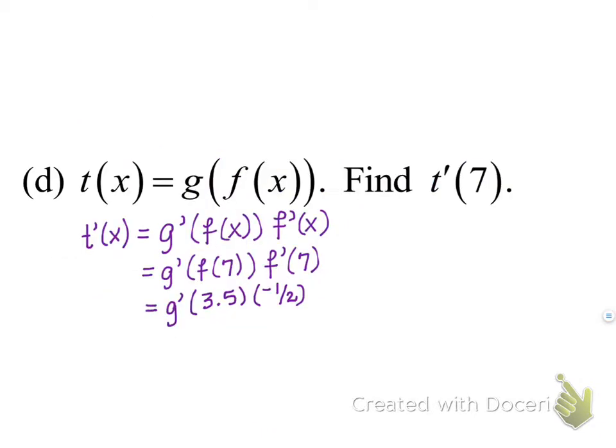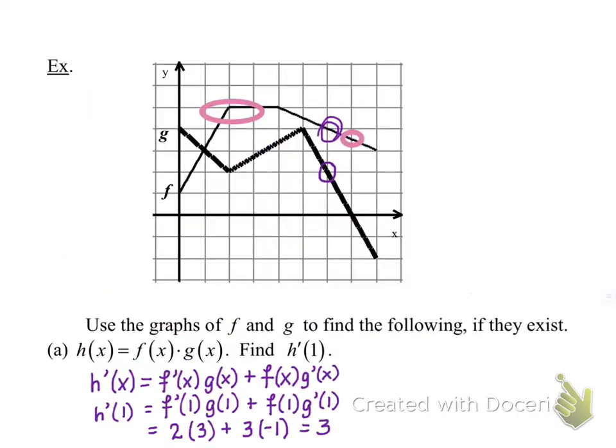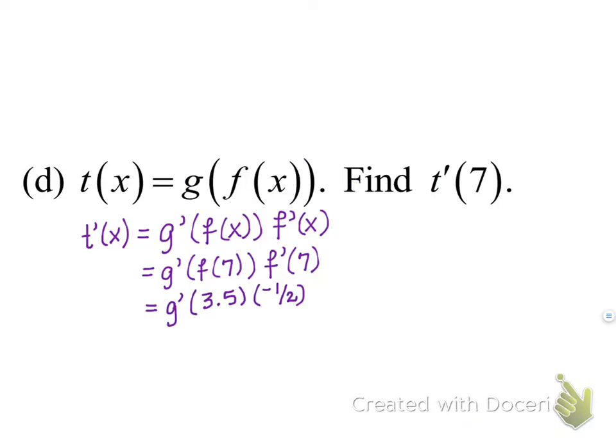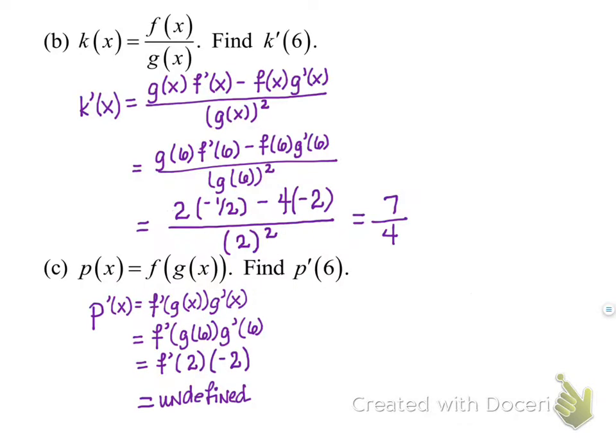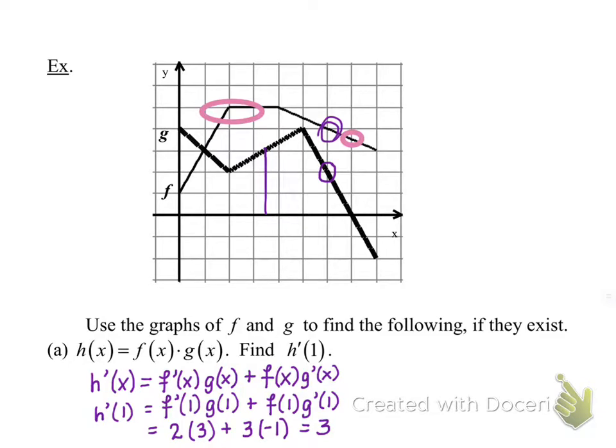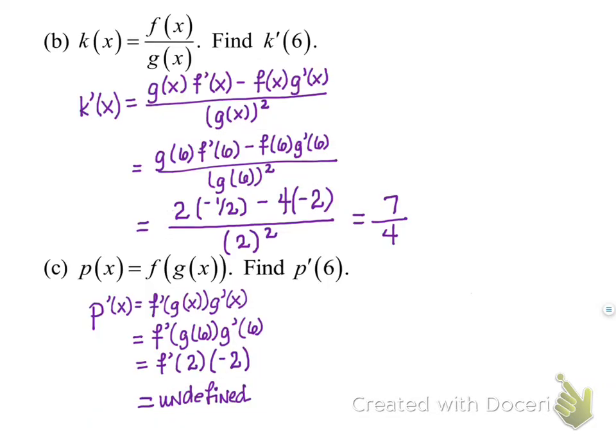Okay, g prime of 3.5. Oh gosh. 3.5 goes straight up. Oh, that's a much easier number than I expected. It would just be 3. Oh, it's g prime of 3.5, not g of 3.5. G prime of 3.5, that's a slope of 1/3.